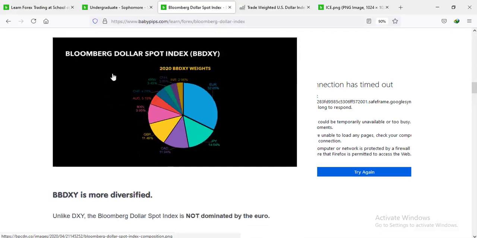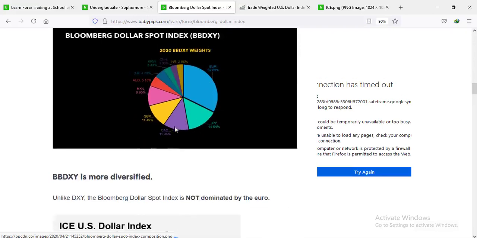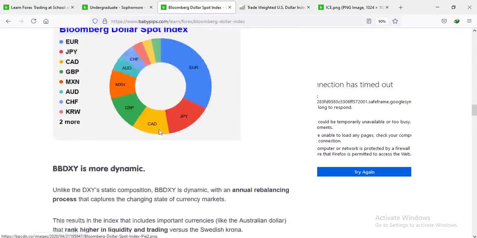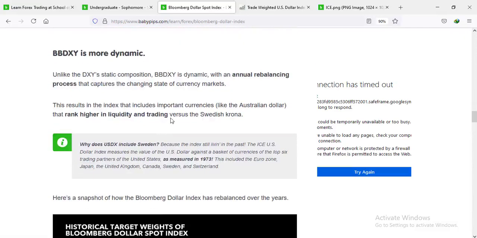Here they say the Bloomberg dollar spot index is more diversified, with the Euro, JPY and all that, unlike that of the ICE. So you really do not need all of this. It's not necessary for me.